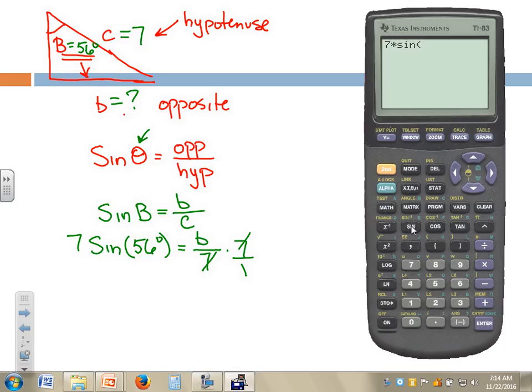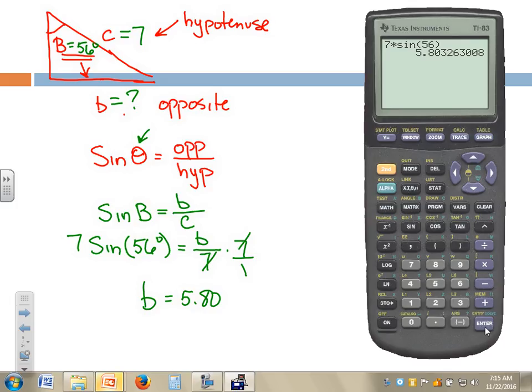I hit the sine button, and we see that it starts the parentheses. This is where I want to put my degrees, 56 degrees. And when I do this, it's actually going to give me a number answer. In this case, it says that side B is 5.80.